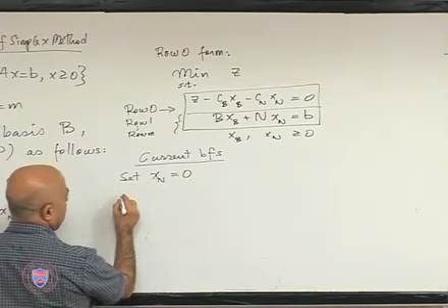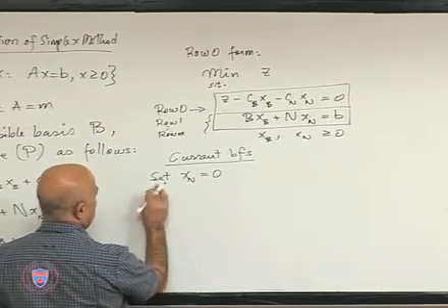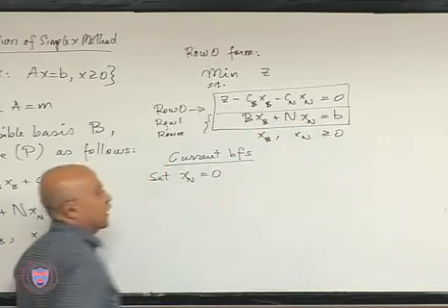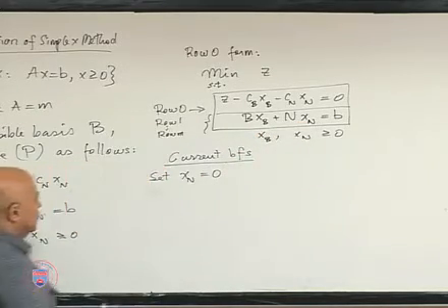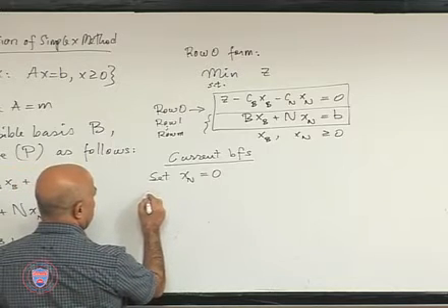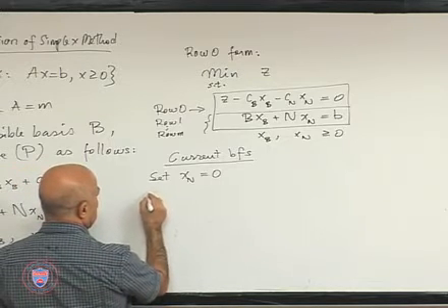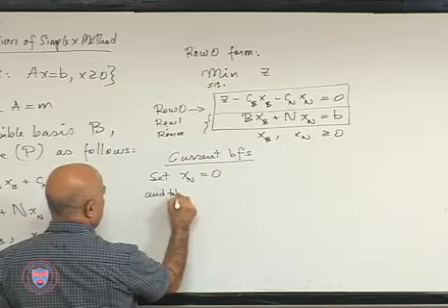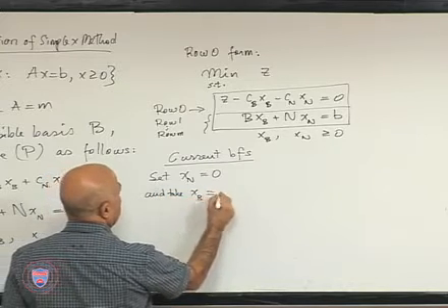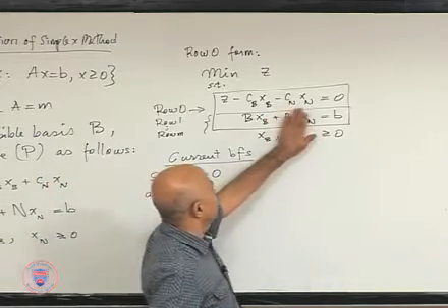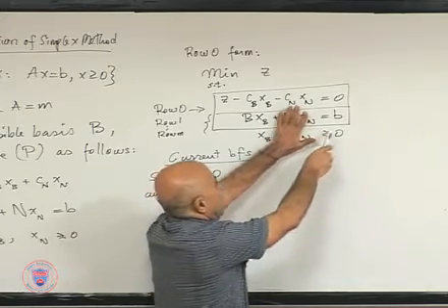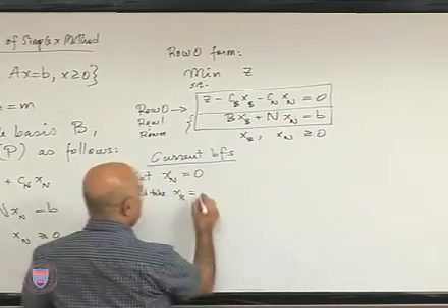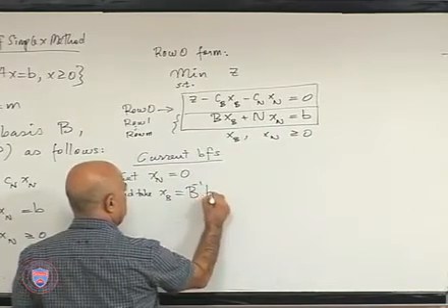And then solve for XB under the assumption XN is equal to 0. So that gives XB equal to, when XN is equal to 0, of course, B XB equals b is a square system, which is solvable. It has a unique solution, which is B inverse b.